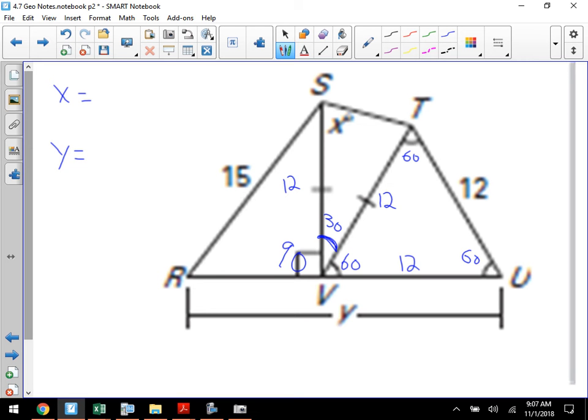Because you've got an isosceles triangle here at SVT, so that's 30, which makes your base angles how much? Remember it's isosceles, so these two angles have to be the same. How many degrees are in a triangle? 180. So you take your 180, back out the 30 for the vertex. What's half of 150?